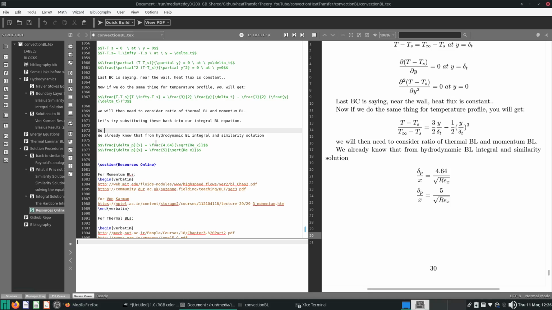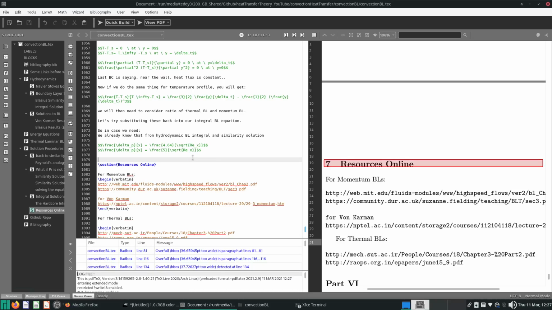So in case we already know how this boundary layer thickness actually changes with x, no problem. So let's substitute back.